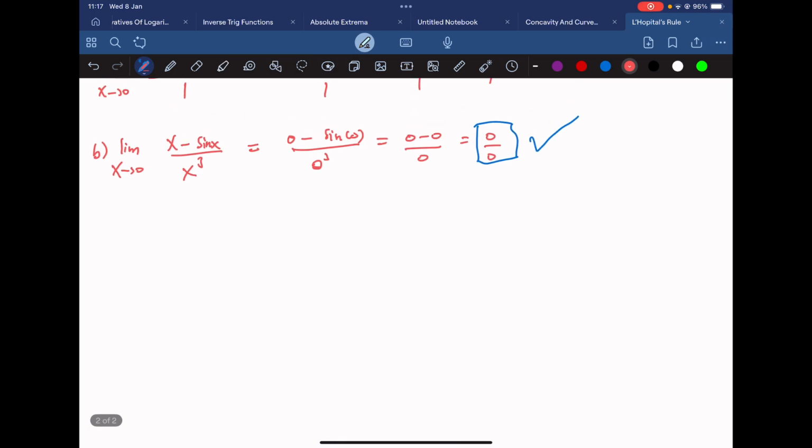L'Hopital basically means, as we did before, we differentiate the top. If we differentiate x, we have 1, minus, then if we differentiate sine of x, we have cosine of x. If we differentiate x cubed, we have 3x squared. Now let's put in 0 to see if we will get an answer.